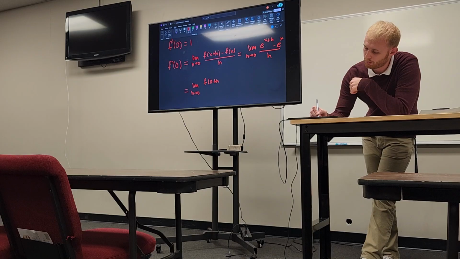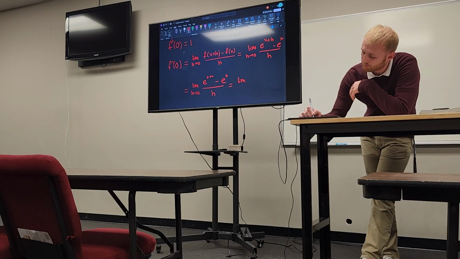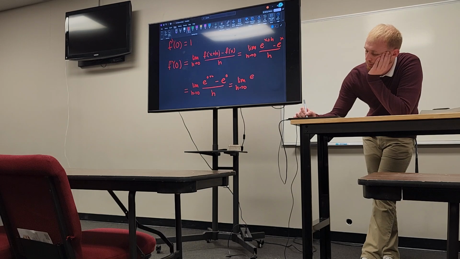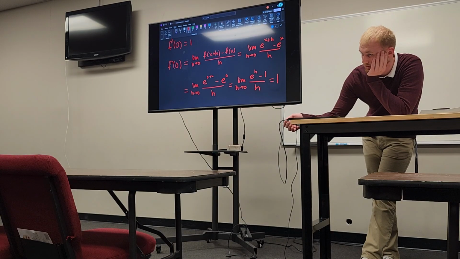The limit of e to the 0 plus h minus e to the 0 over h. There we go. And then that can simplify a little bit. And we're saying by definition that this should be 1.